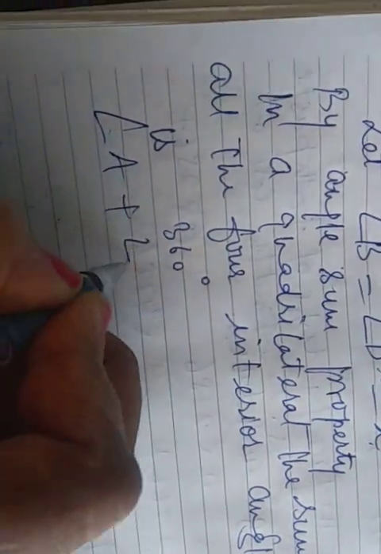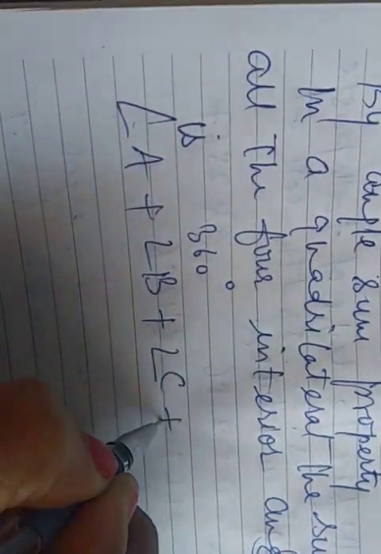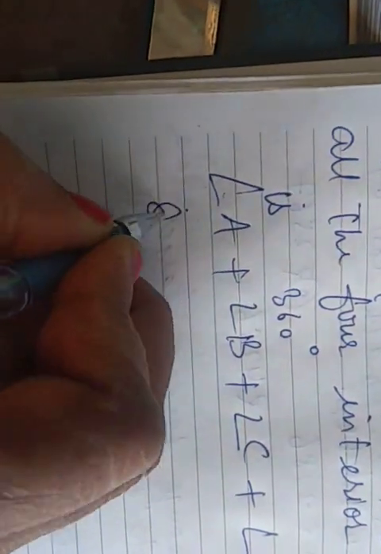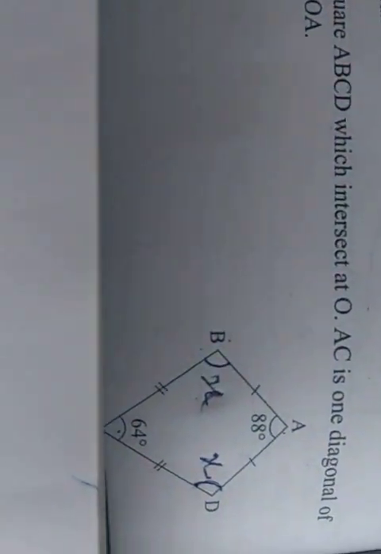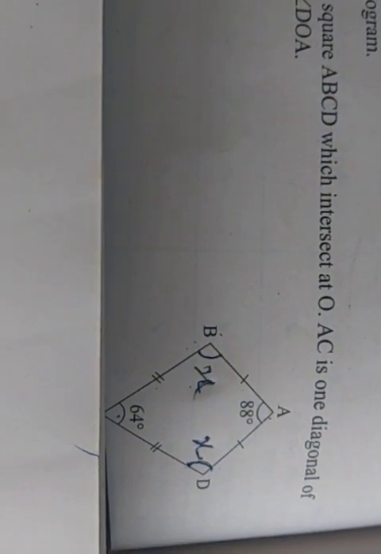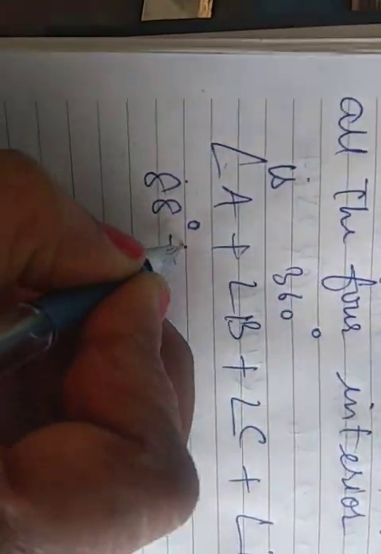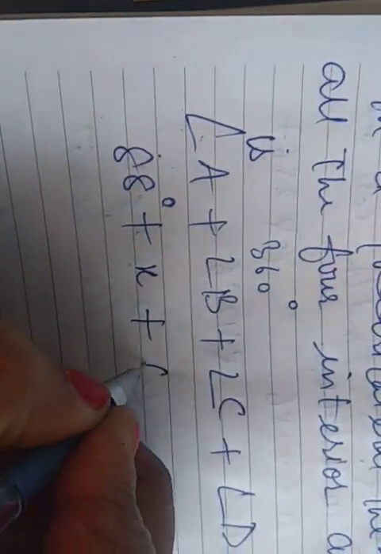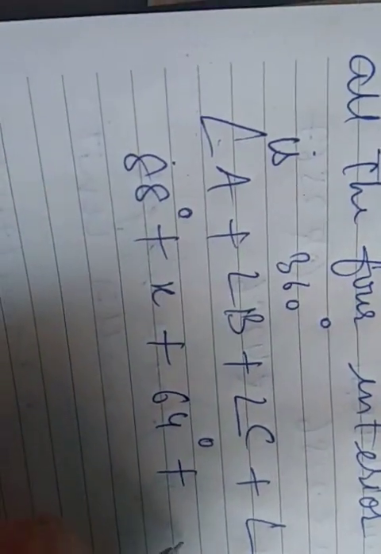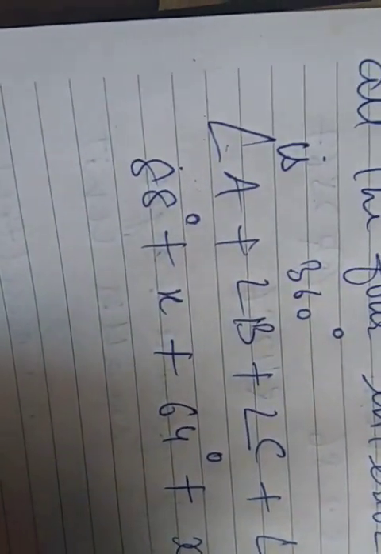Angle A plus angle B plus angle C plus angle D is equal to 360 degree. Here angle A is 88 degree and angle B is X. Angle C is, please open your book also, 64 degree and angle D we have considered it X. It is equal to 360 degree.